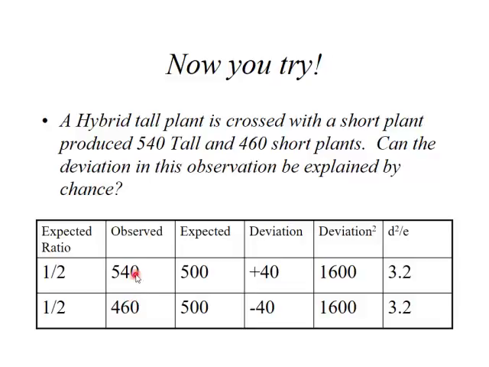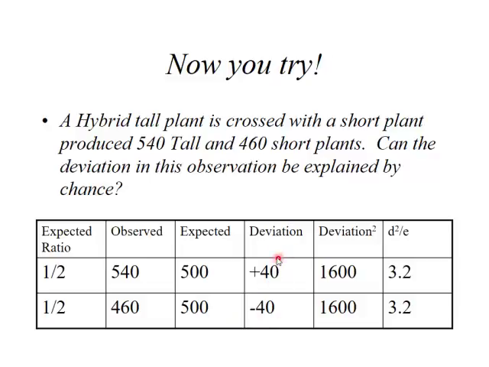So we take our observed minus our expected, 540 minus 500, and that gives us 40, and that's our deviation. Observed minus expected here is a -40. That's our deviation there.